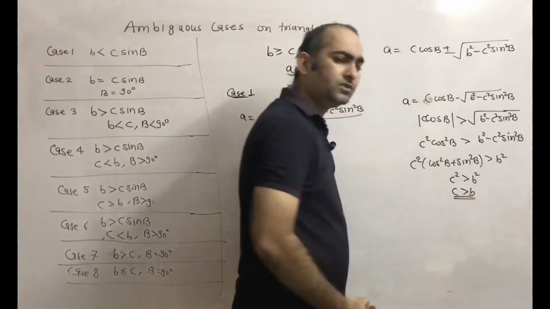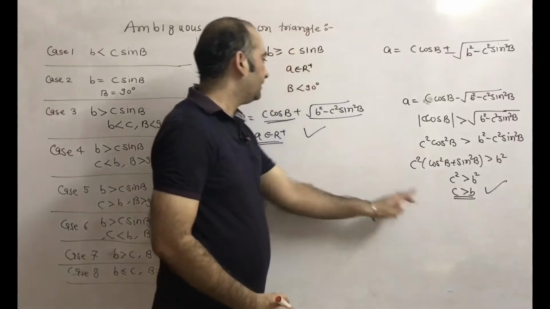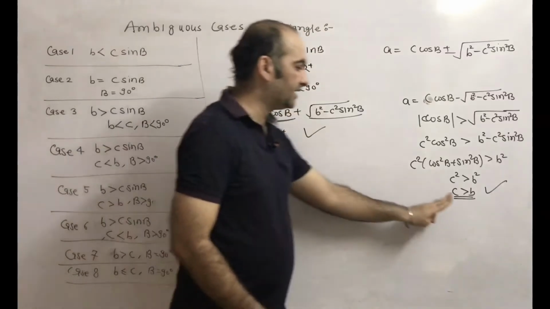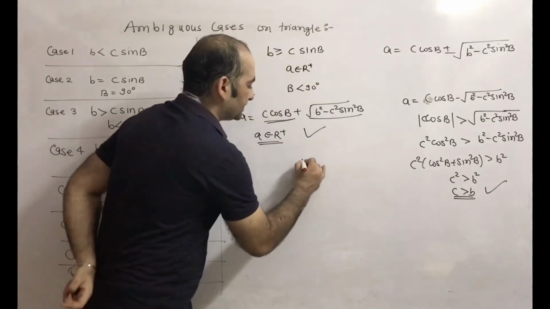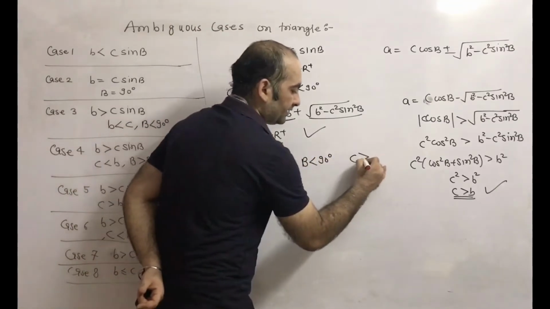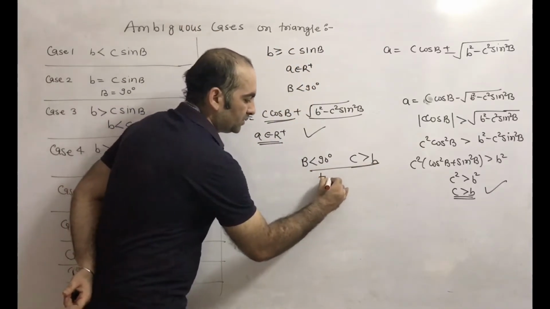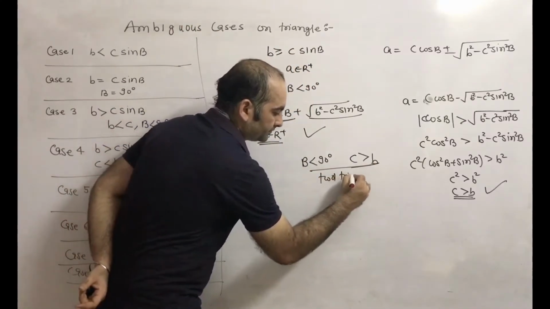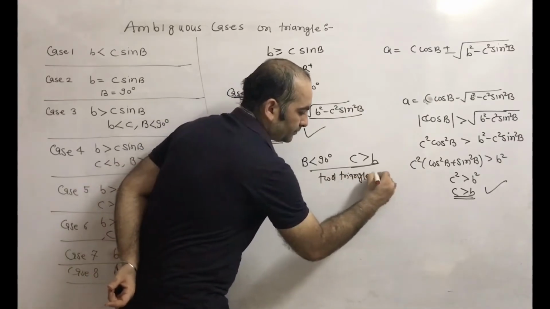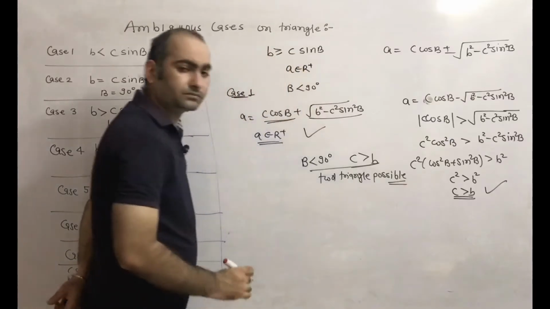So in this case triangle is possible. We can say that if B is less than 90 and c is greater than b, then how many triangles are possible? Two triangles possible.